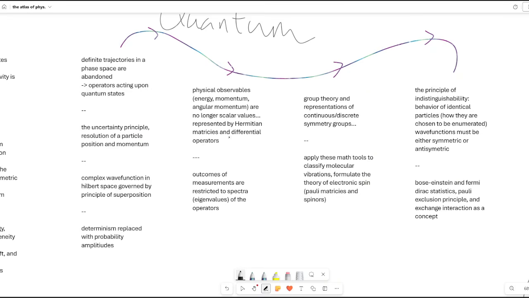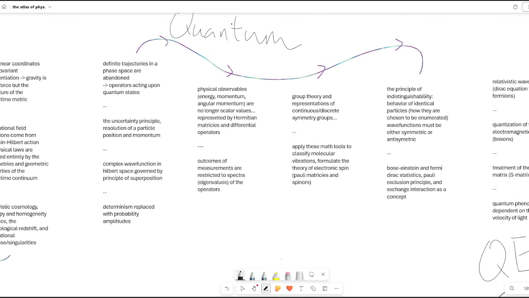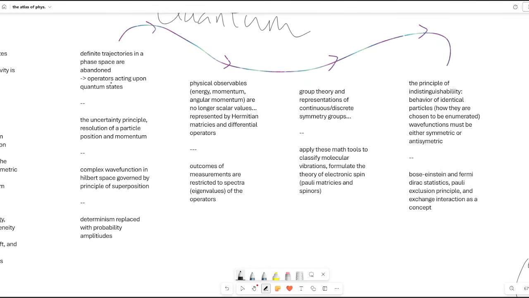Now, what's important to note is that physical observables themselves, basically the energy, momentum, and angular momentum, are no longer scalar values, but become these algebraic objects that are non-commutative, or that are compatible with the non-commutative geometry that emerges from quantum mechanics for operators and Hilbert spaces.